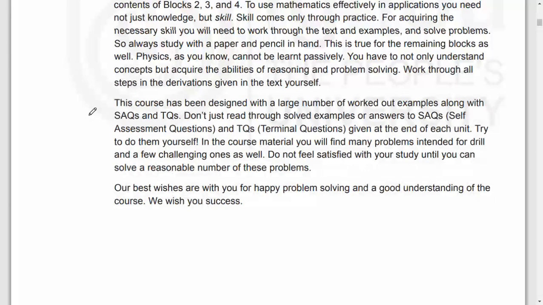Don't just read through solved examples or answers to SAQs, self-assessment questions, and TQs, terminal questions, given at the end of each unit. Try to do them yourself. In the course material, you will find many problems intended for drill and a few challenging ones as well. Do not feel satisfied with your study until you can solve a reasonable number of these problems.